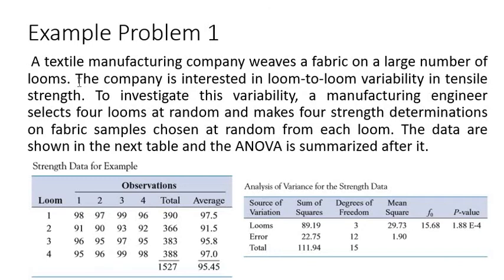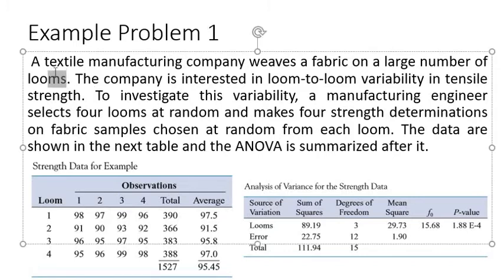So let's go now to example problem number 1. A textile manufacturing company weaves a fabric on a large number of looms. Imagine that they have a large or infinite number of looms, too large to count. The company is interested in loom-to-loom variability in tensile strength.